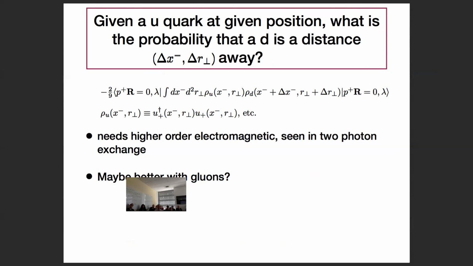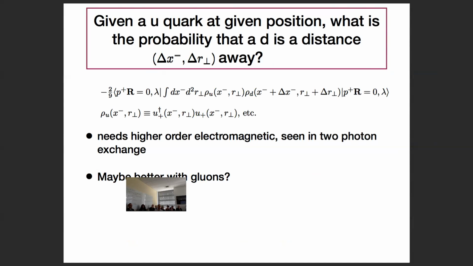If you think about atomic physics or nuclear physics, it's not going to be a product of wave functions like you might get as a first approximation. But to actually see this, I think it enters in two photon exchange processes, because you need two charge densities, so electromagnetically you need two photons, which means it's higher order electromagnetic, so it's hard to see.